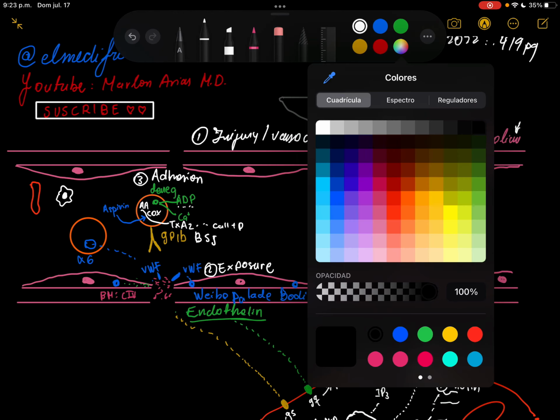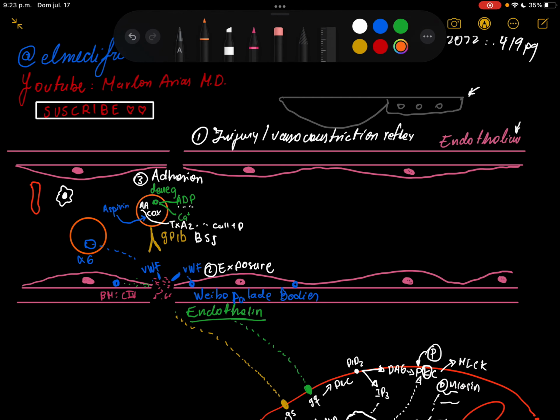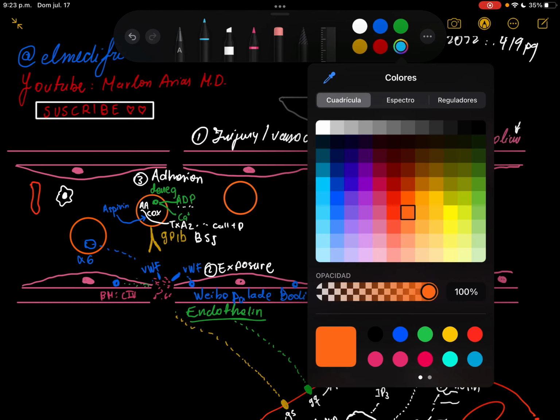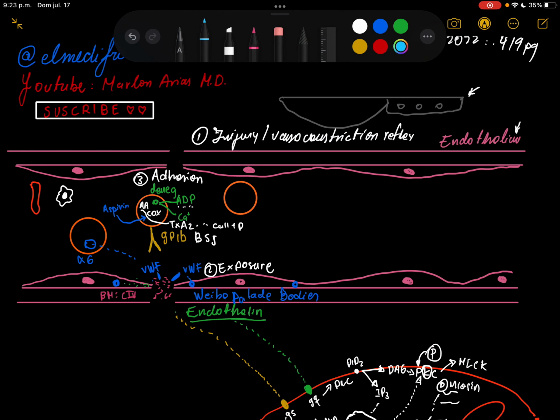Okay, what's next is this ADP is going to bind to another special receptor in our platelet that we're going to call P2Y12.